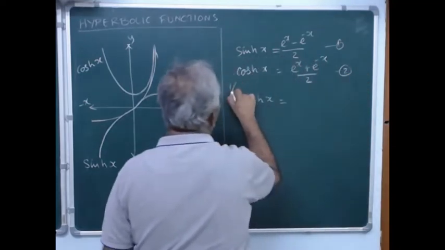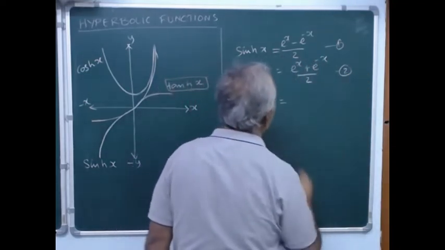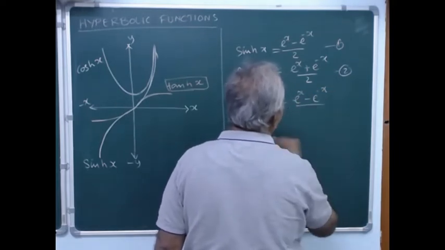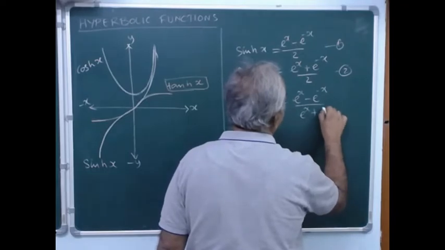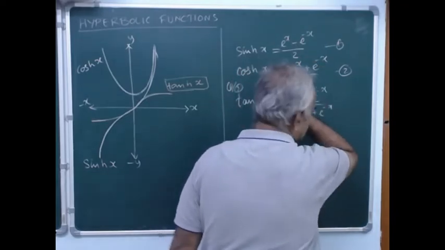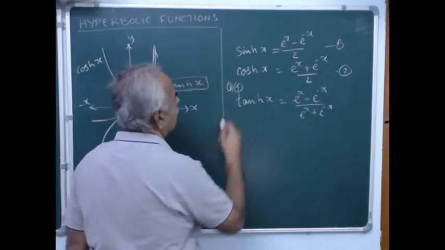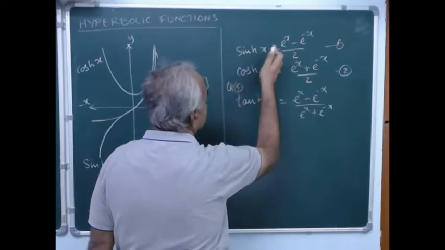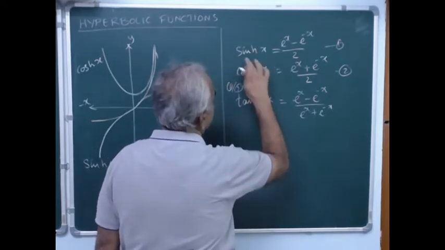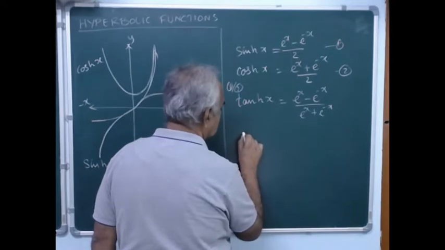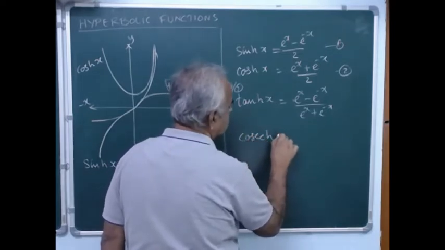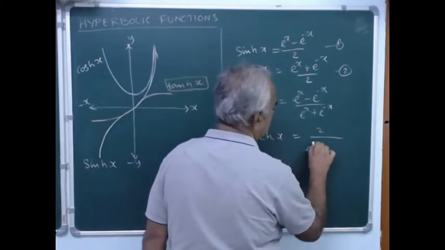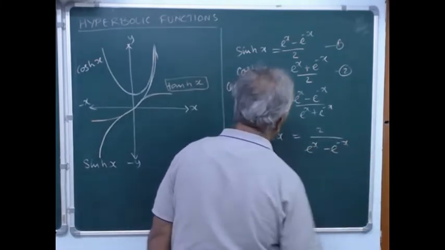You can divide 1 by 2, so that you get e power x minus e power minus x divided by e power x plus e power minus x. So 2 and 2 are cancelled. And similarly, we can represent the reciprocal of the hyperbolic sine function as hyperbolic cosecant x, that is nothing but 2 divided by e power x minus e power minus x.